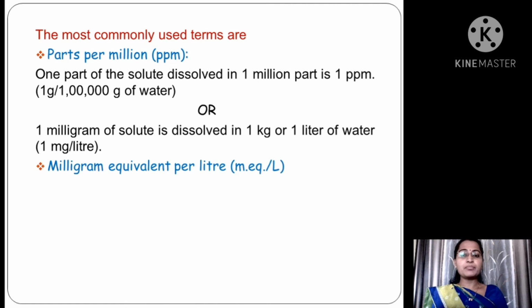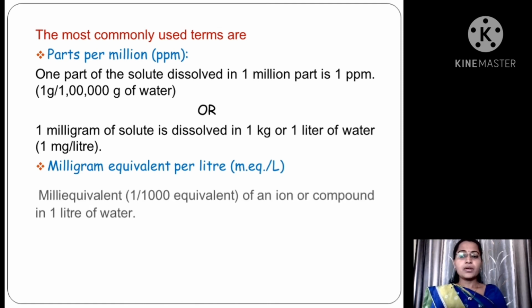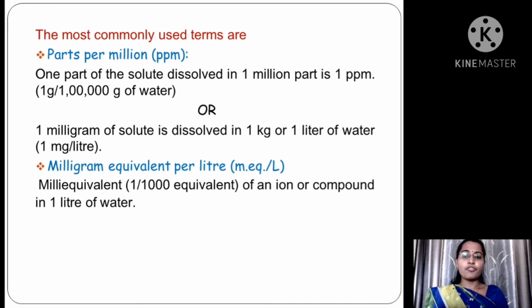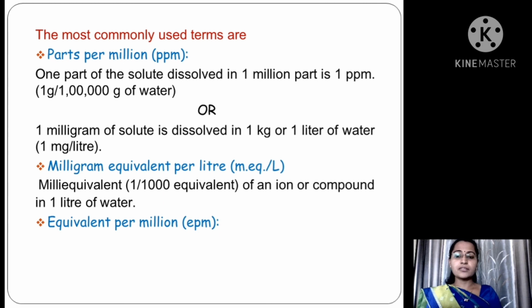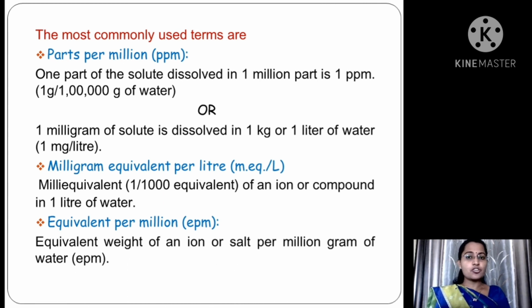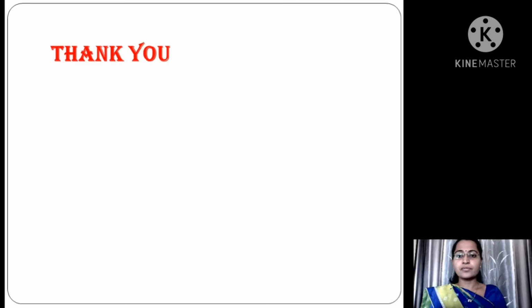Second term is milligram equivalent per liter: milli equivalent of an ion or compound in 1 liter of water. Equivalent per million: equivalent weight of an ion or salt per million gram of water. These terms are commonly used.